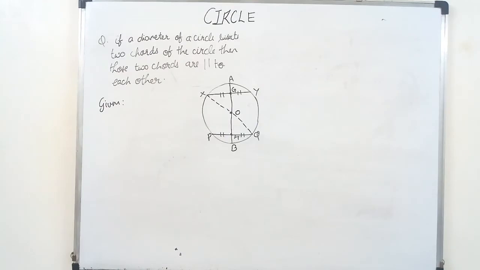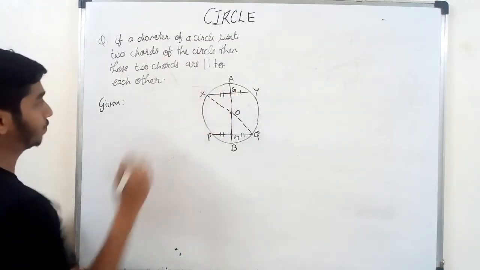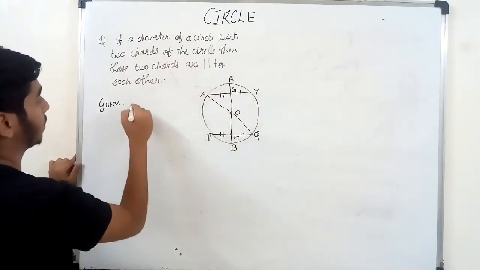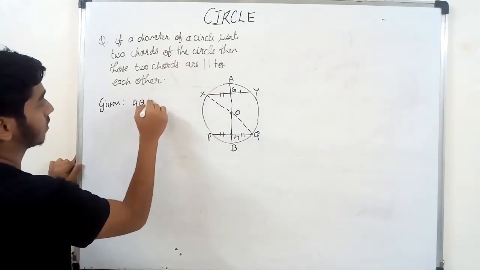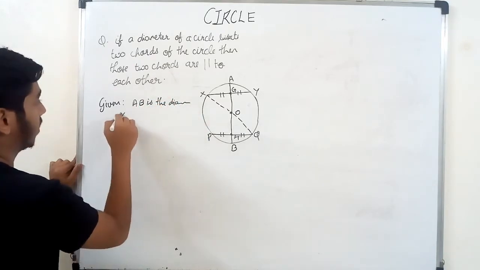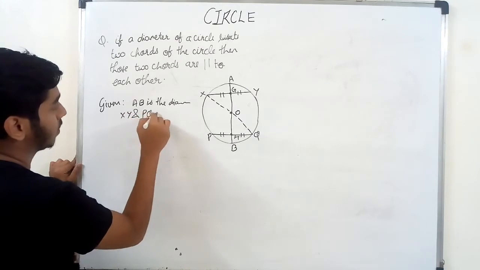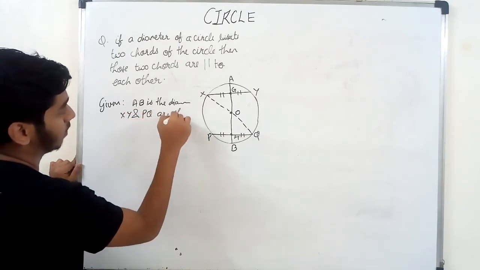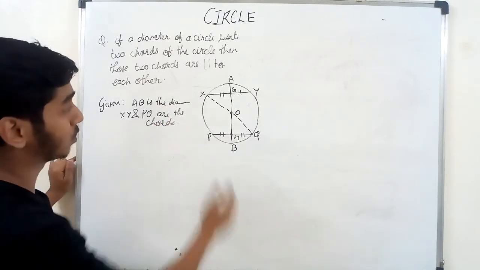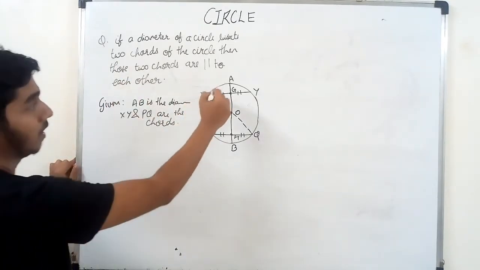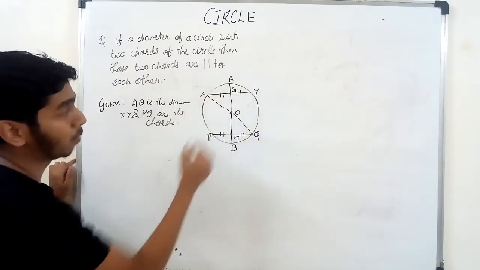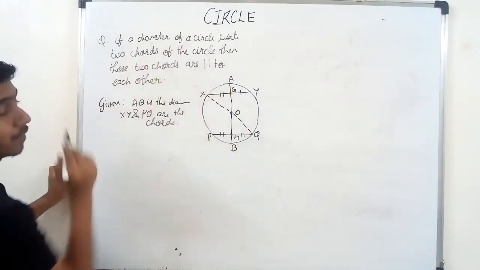Okay. So here the proof, it says a diameter AB is the diameter. XY and PQ are the chords. So that is given, and AB, the diameter, is bisecting both the chords, which is given to us.